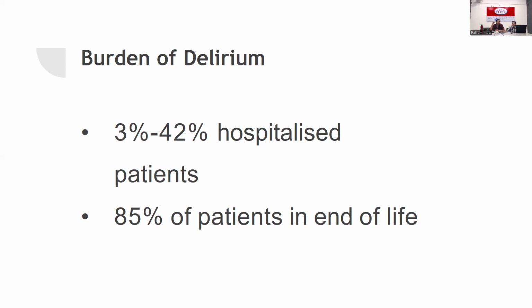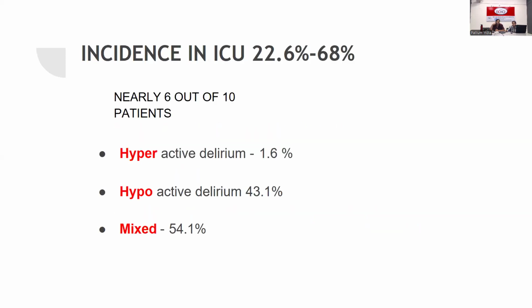Now, coming to hospitalized patients. Next slide. In a hospital setup, where do you find patients with delirium? Most of the time, it will be in an ICU setting. Not only in the ICU, patients admitted for 3 to 5 days or more can develop delirium.